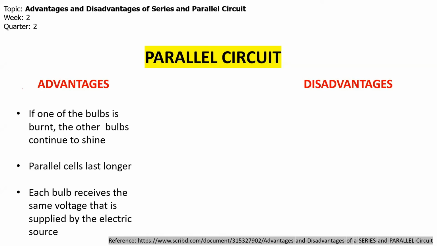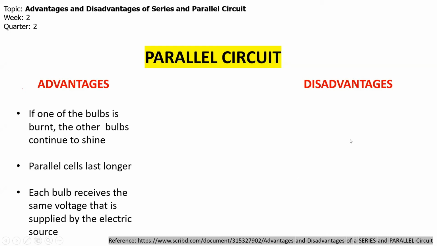If one of the bulbs is burnt, the other bulbs continue to shine. Then, parallel cells last longer. Each bulb receives the same voltage that is supplied by the electric source.